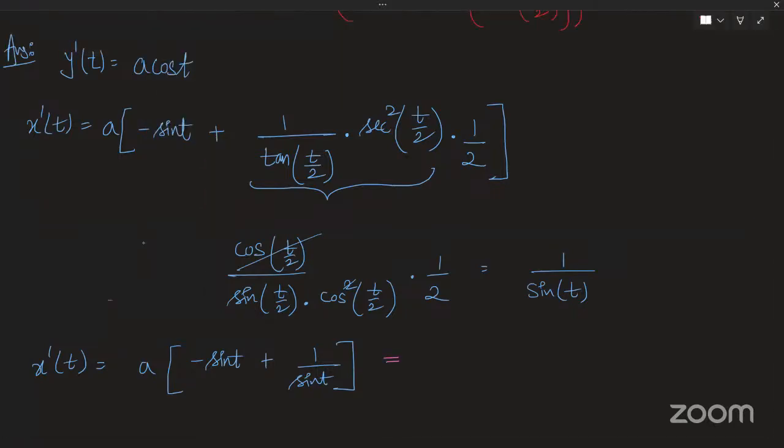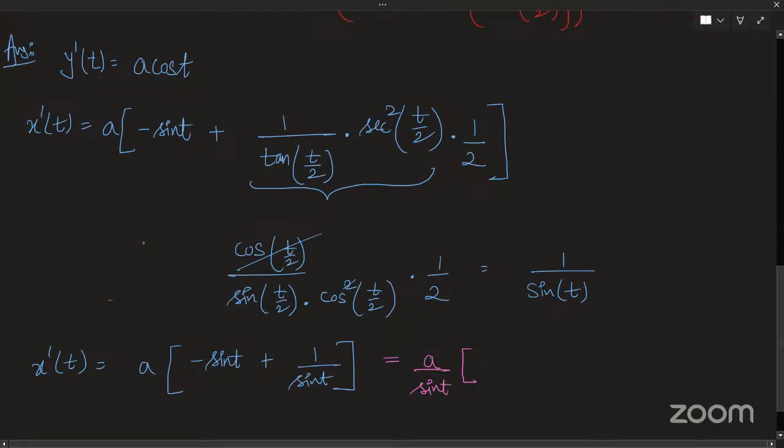Navneet, how are you? Fine, sir. How are you, sir? Fine. Great. So I just take this sine t common. In the numerator, I'll get 1 minus sine square t. What is 1 minus sine square t? It is cos square. So x dash t is a into cos square t by sin t.